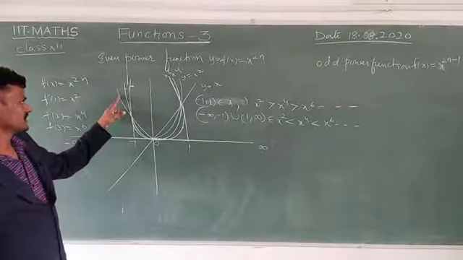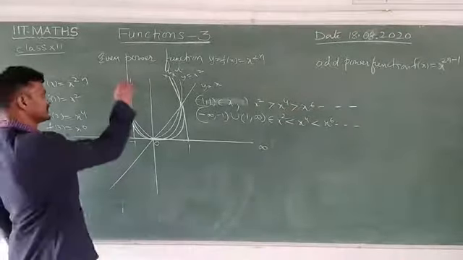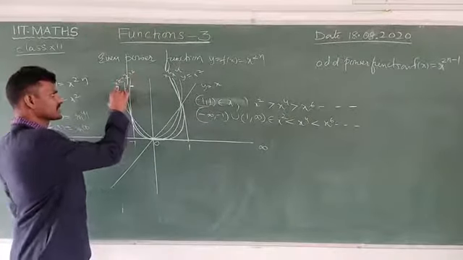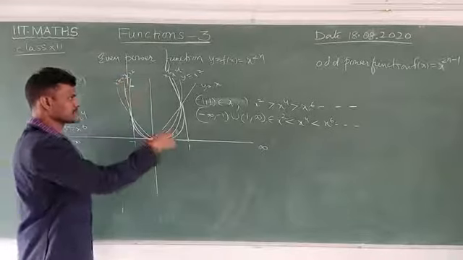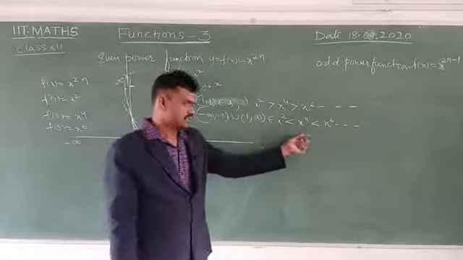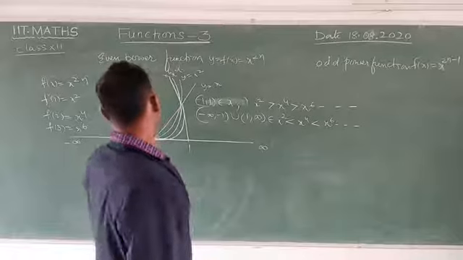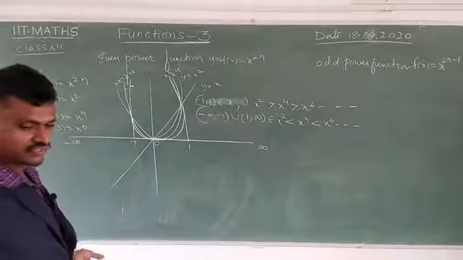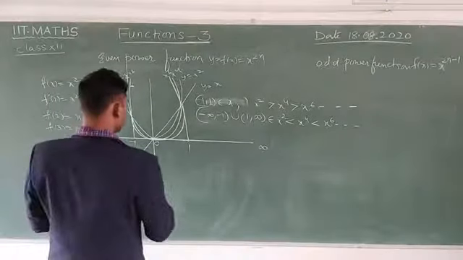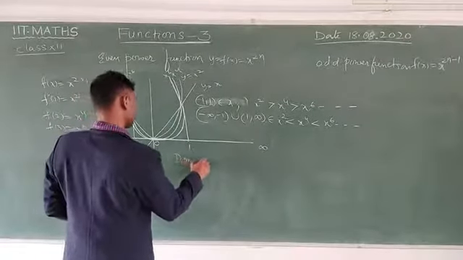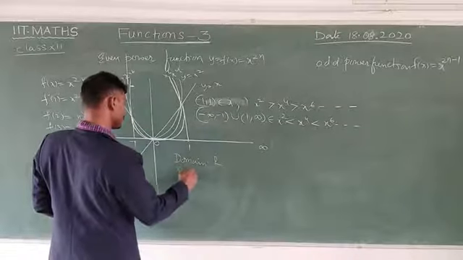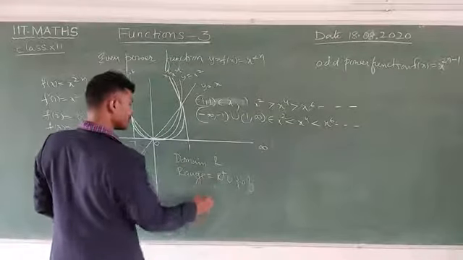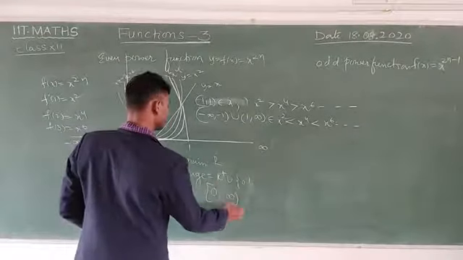This is the even power function. Its domain is R, and its range is R plus union the set {0}, that is the closed interval 0 to plus infinity.